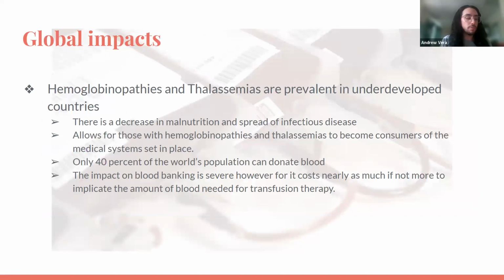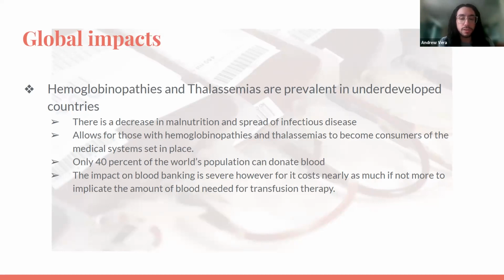So there are some global impacts of hemoglobinopathies on the world. In underdeveloped countries, when they decrease malnutrition and the spread of infectious diseases, in some areas they will have more consumers of the medical systems that they put in place, putting an induced burden on blood banks and people donating blood.